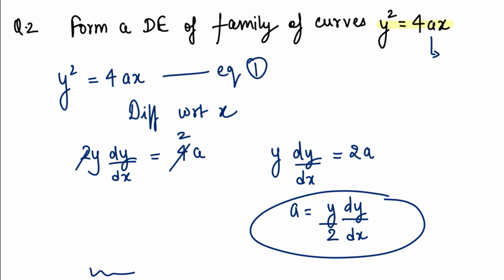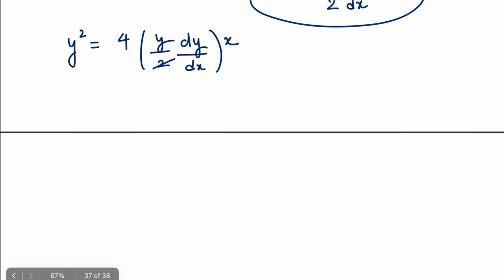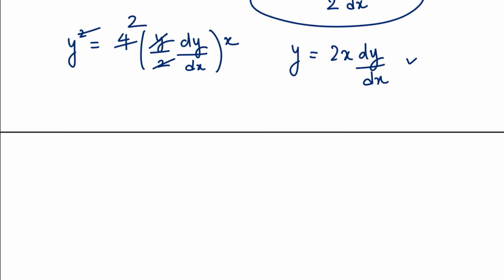Putting the value of a in equation 1, I get y square is equal to 4 into y by 2 dy by dx into x, right? So you will just solve it. 2 into 4, y cancels, y is equal to 2x dy by dx. So this is your equation.